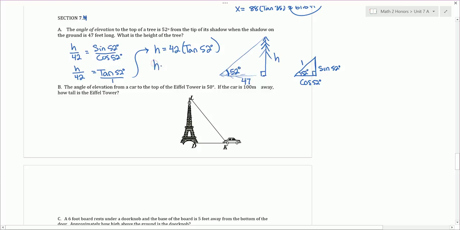And then we get our calculator to get an approximate height here. 47 times the tangent of 52 degrees comes out to be approximately 53.8 feet, and I'm rounding to the nearest tenth.